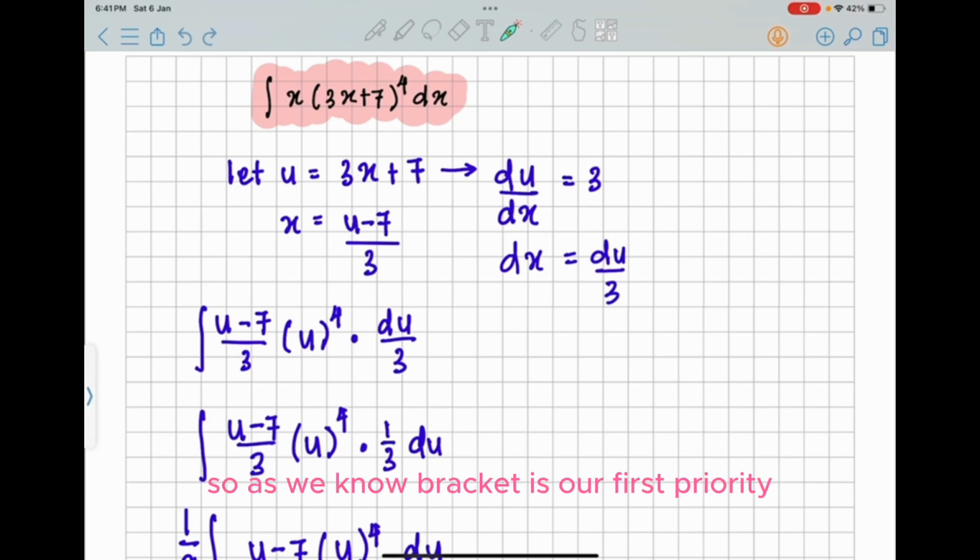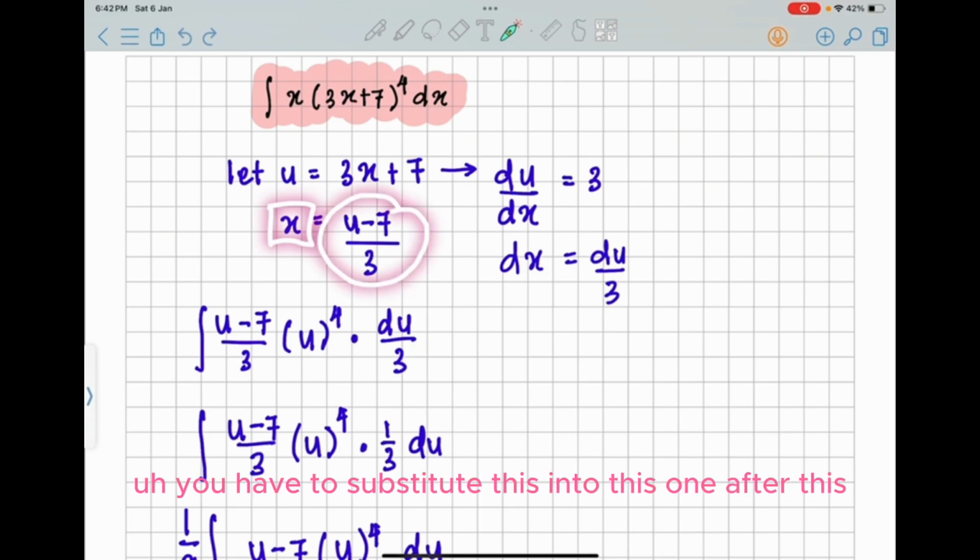As we know, bracket is our first priority to determine our u substitution. This is what is in the bracket, so we can just let u equal 3x plus 7. After this, we have to express x so that we can substitute it into this one.